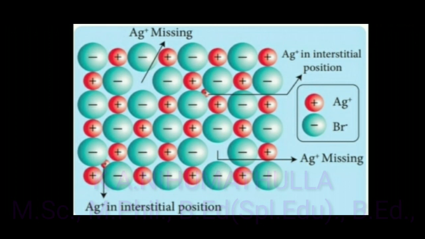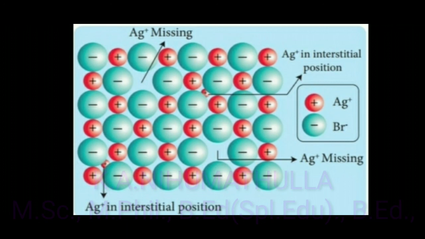And from the bottom, in the second row, one Ag plus ion is missing, and that same Ag plus ion occupies the interstitial position on the left hand side. This is an example of the crystal in which Frenkel defect takes place.